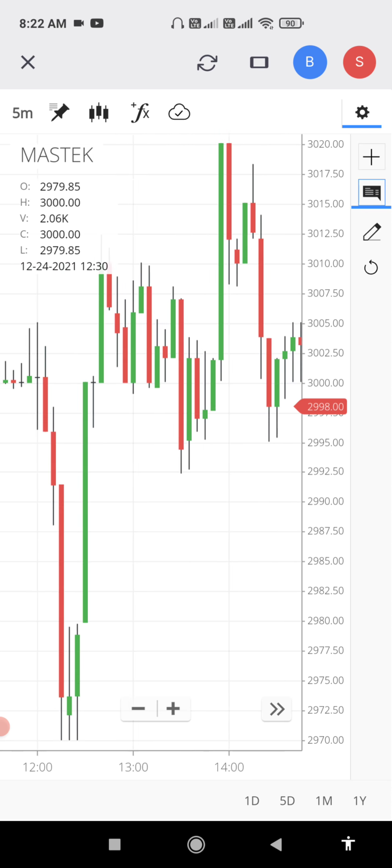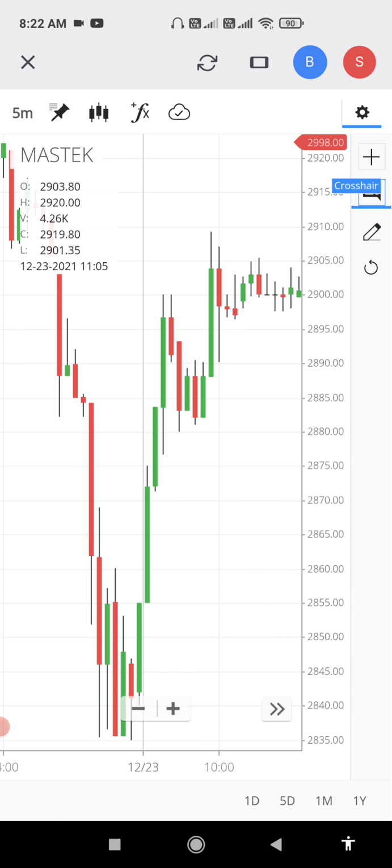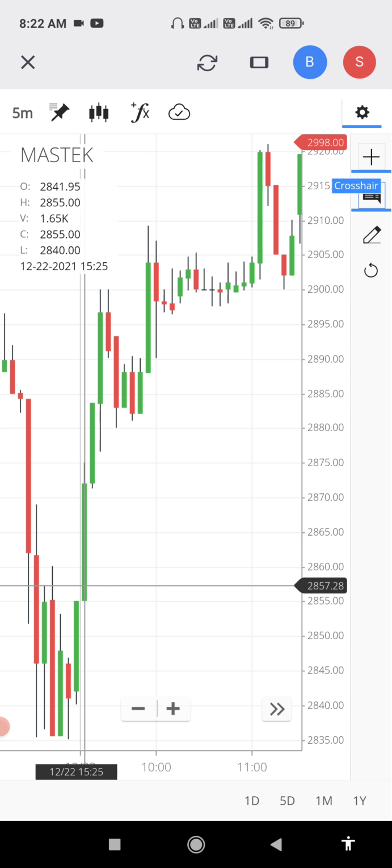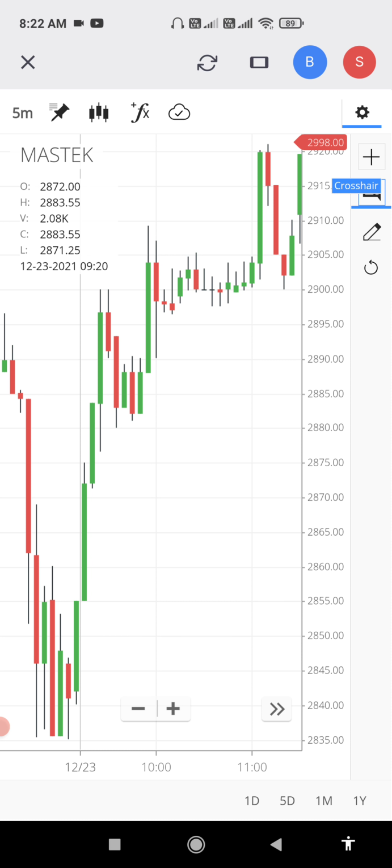This is the 5 minutes chart. See, it is giving the alert at 920. The price at 920 is 2872.